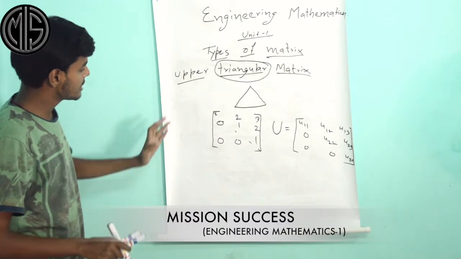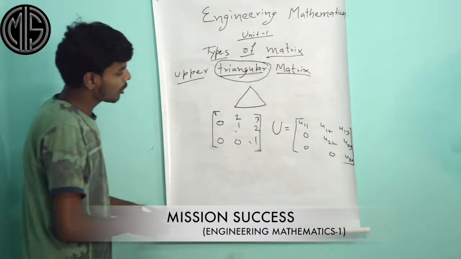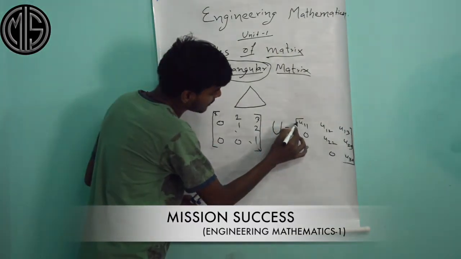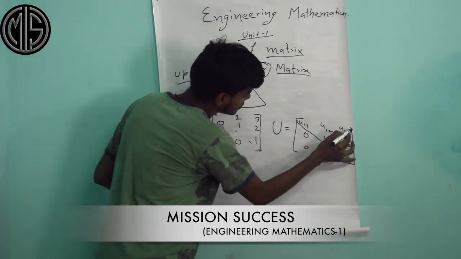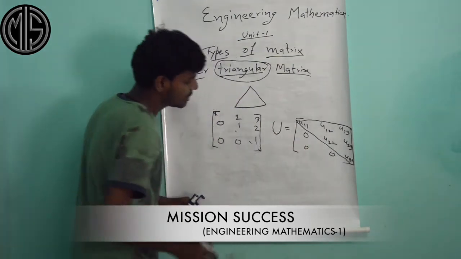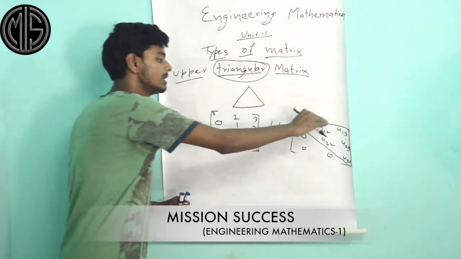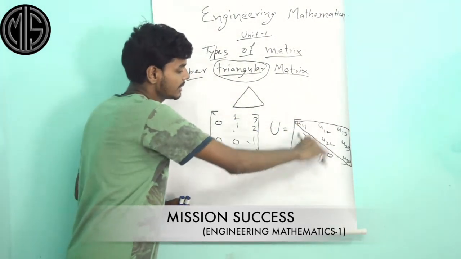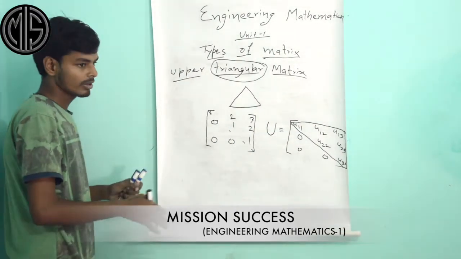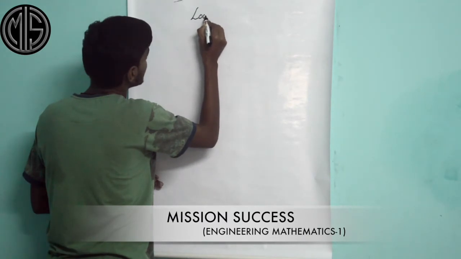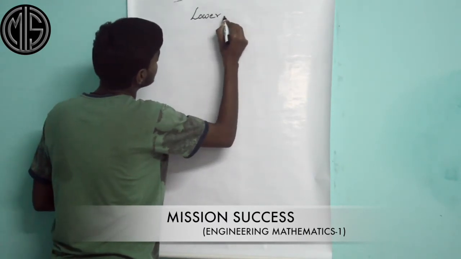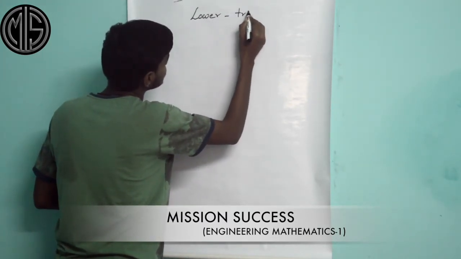Means the matrix which is forming like a triangular shape, no? See, we can see here. It looks like a triangle, no? Means matrix which is forming like a triangular shape, upper side. Similarly, we can see lower triangular matrix.